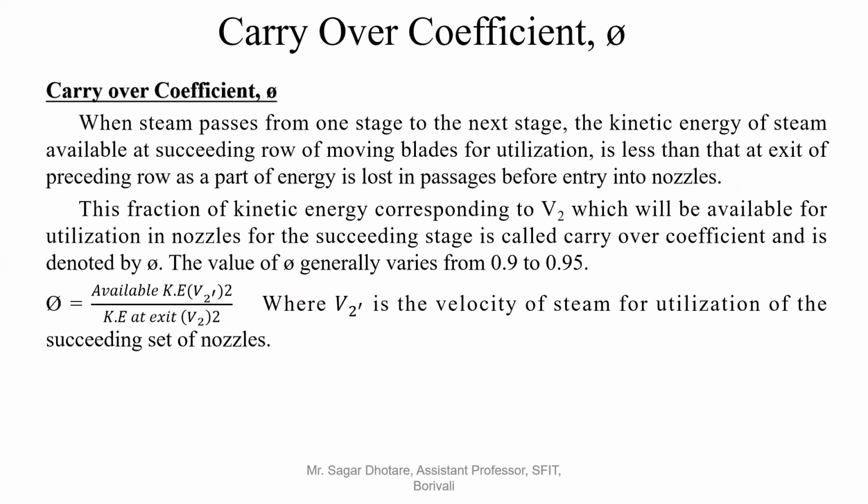Now the carryover coefficient. When the steam passes from one stage to the next stage, the kinetic energy of the steam available at the succeeding row of moving blades is less than at the exit of the preceding row, as some energy is lost in the passage before entering the nozzle. This fraction of kinetic energy corresponding to V2, which is available for utilization in the nozzle of the succeeding stage, is called the carryover coefficient.